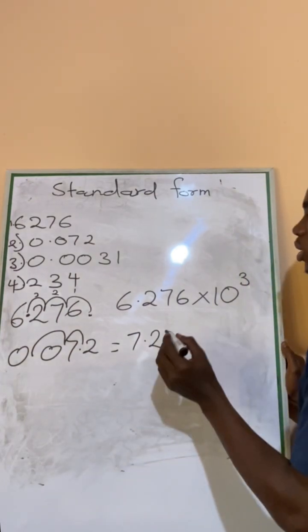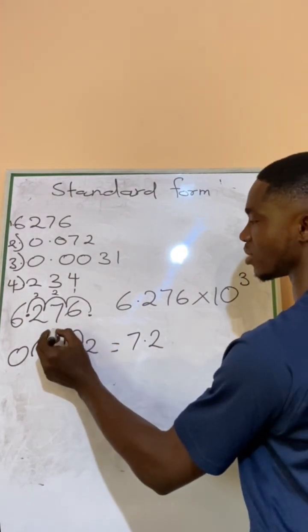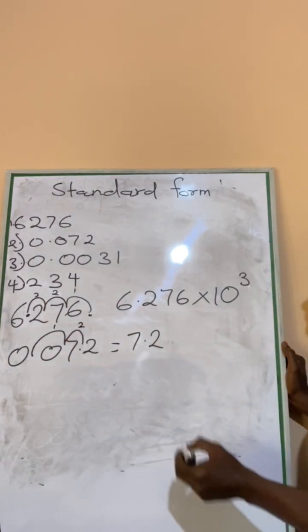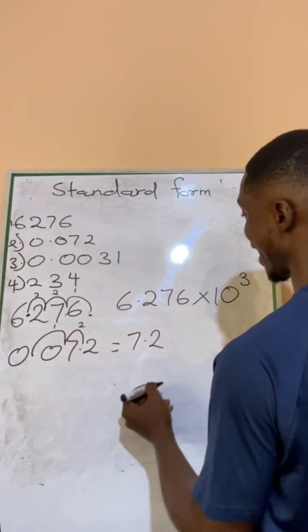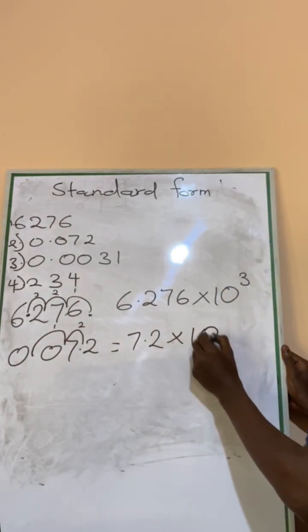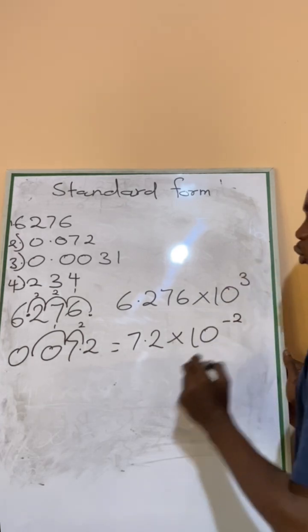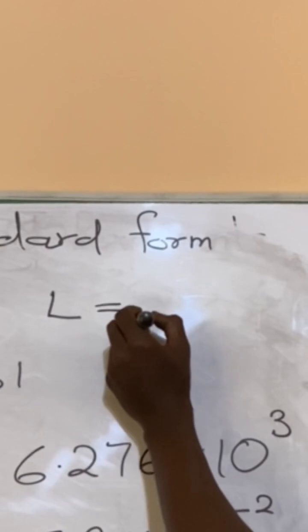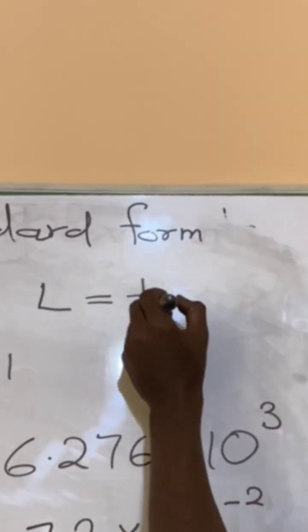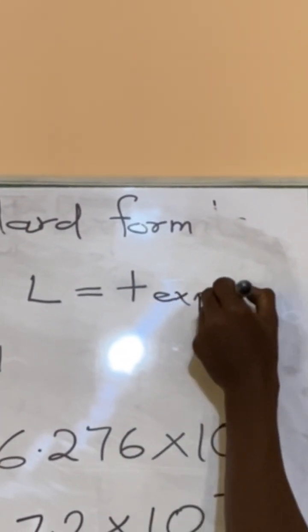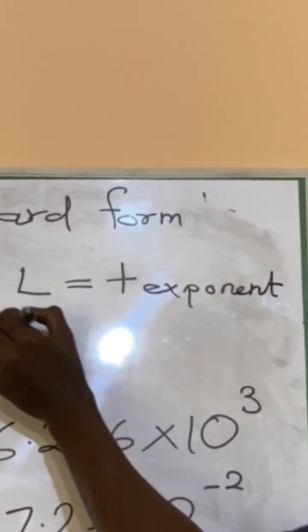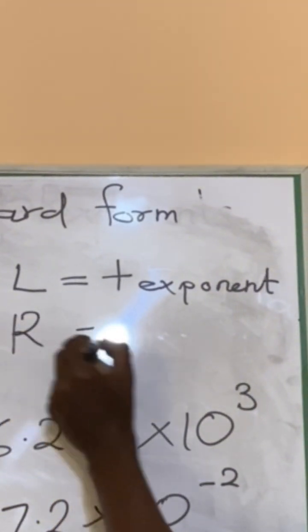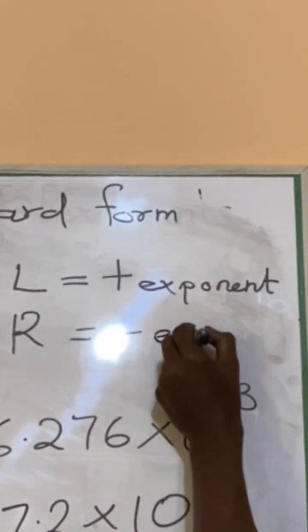Since we have 7.2, how many times do we move? 1, 2. And then which position did we move to? The right. So 10 raised to the power negative 2. So always remember, the left-hand side is going to give us a positive exponent, and then the right-hand side is going to give us a negative exponent.